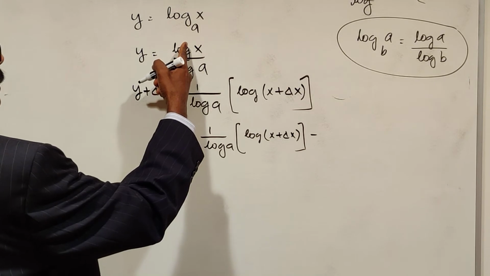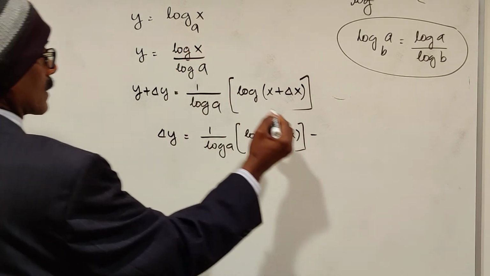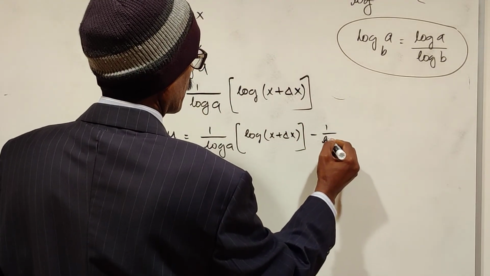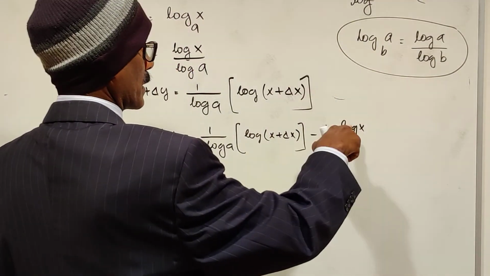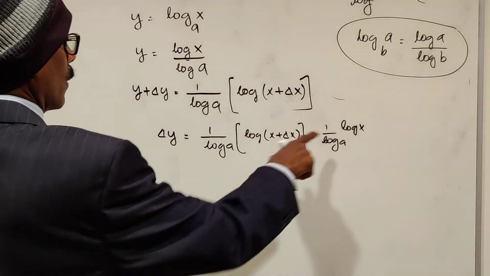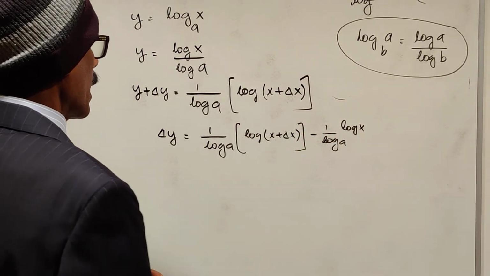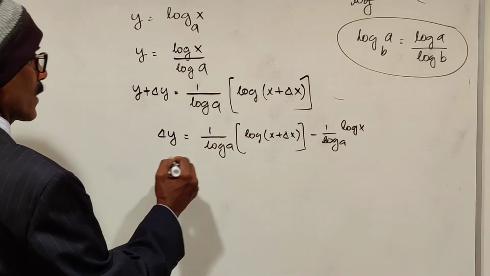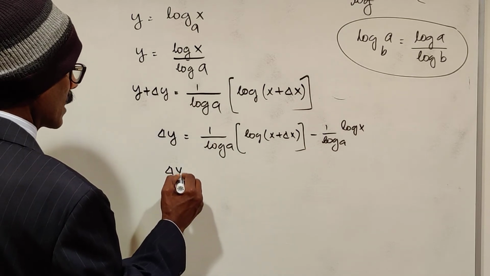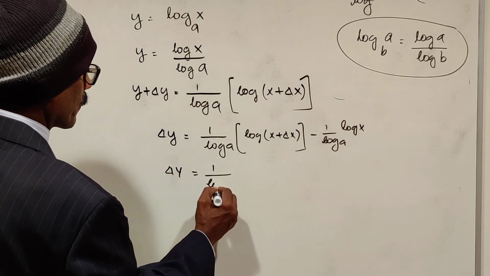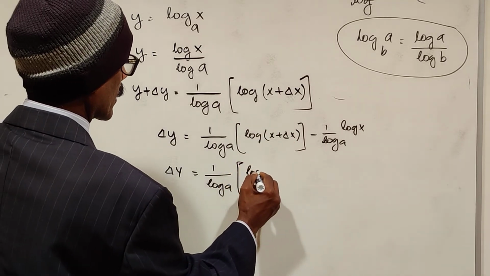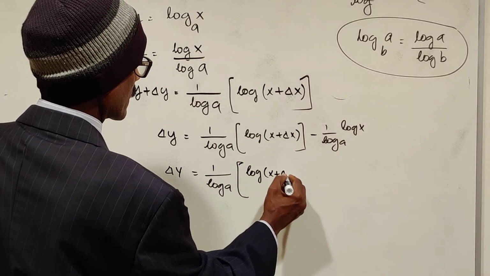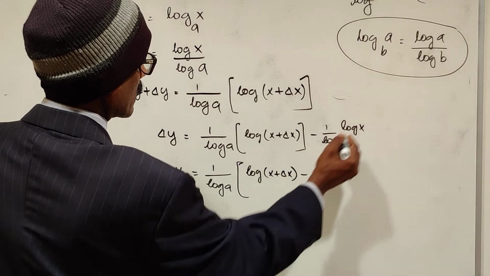Y is what? 1 by log a log x. Log x is on the numerator, log a in the denominator. So I am going to take out 1 by log a as a common factor. Delta y equals 1 by log a, log x plus delta x minus log x.